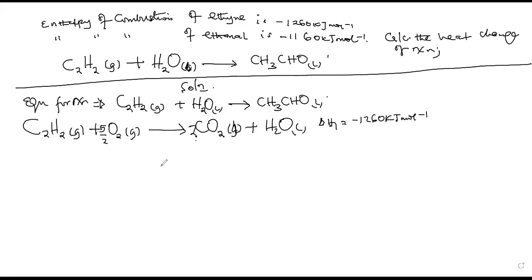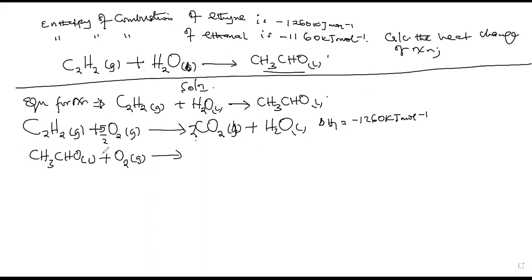So from here, we shall also have the enthalpy of combustion of ethanol. They've already given you the formula. Whenever they see that the equation will give you a challenge, they will always write something for you there. So for ethanol, we shall have the equation CH3CHO, liquid, plus oxygen.